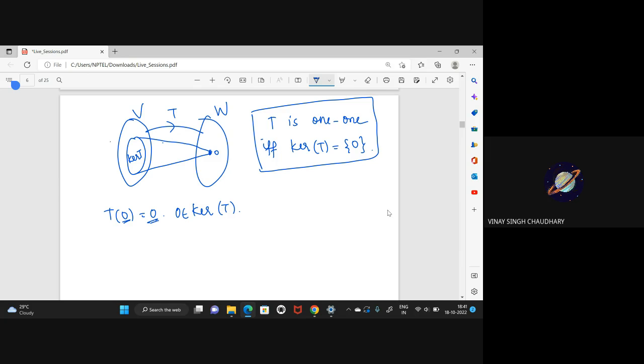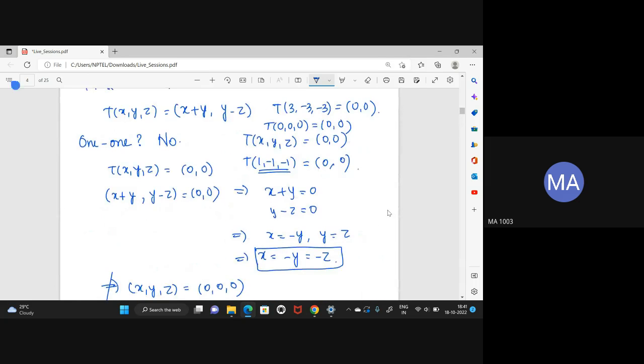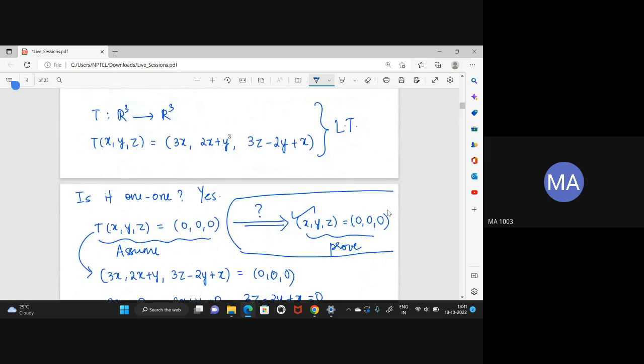So let's find the kernel of the above mappings. Can you quickly tell me what is the kernel of this linear transformation? Let's call this T1.